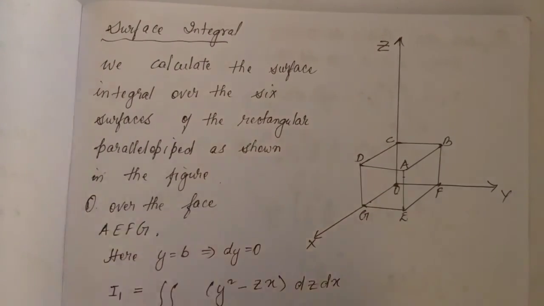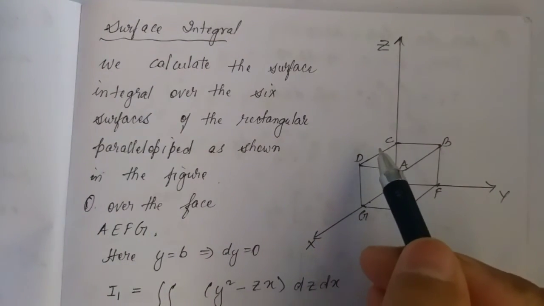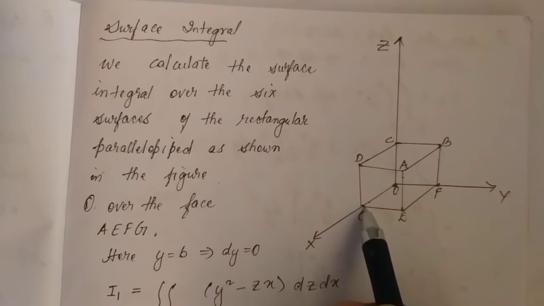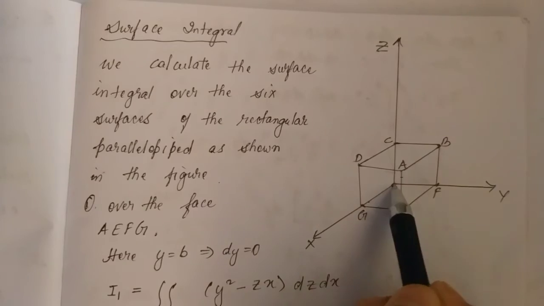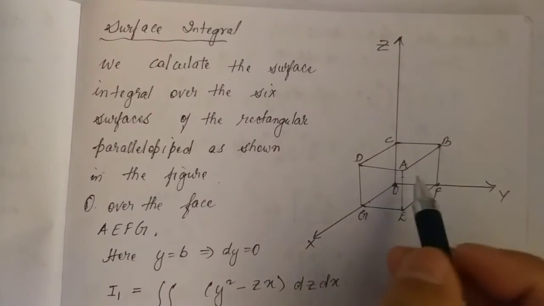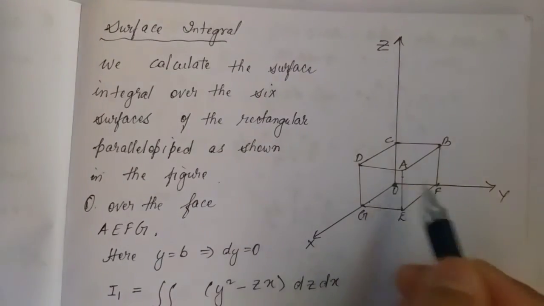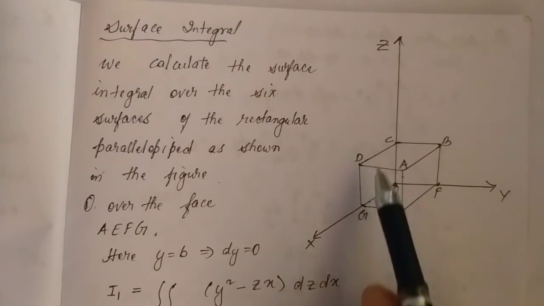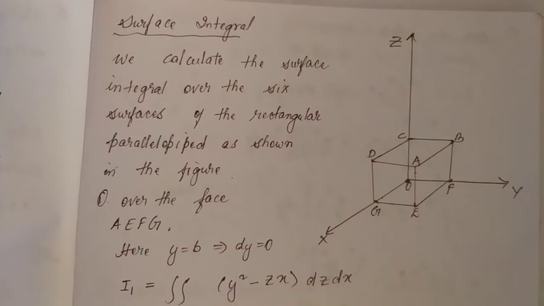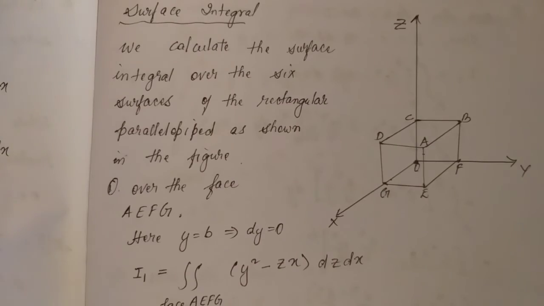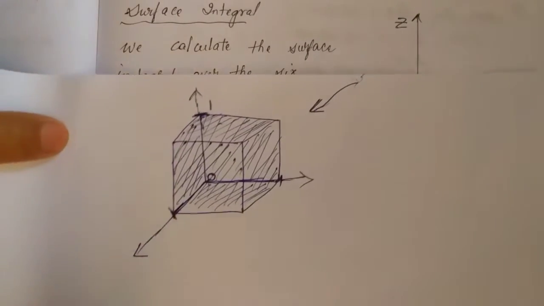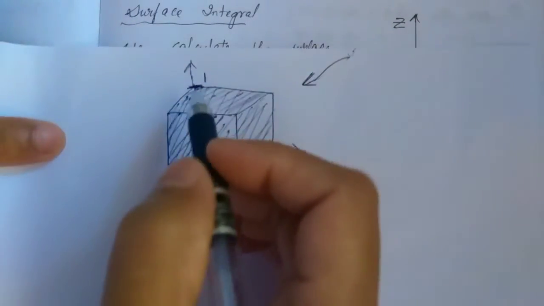The surface integral. If we draw this rectangular parallelepiped, we name the vertices, with the origin here as O. Then A, B, C, D, E, F, G, and so on. For the surface integral, remember, it will be the same picture as here.